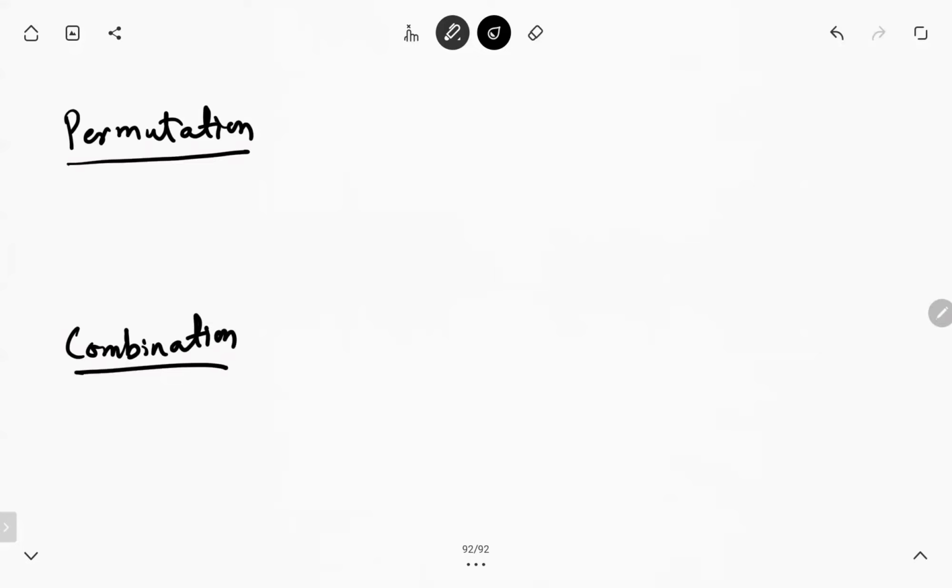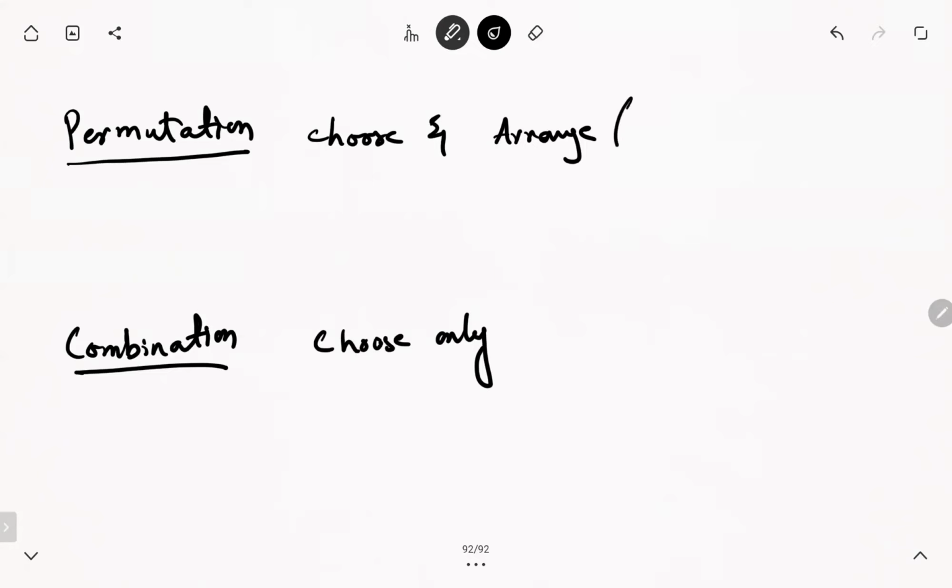when you want to choose and arrange, you will use permutation. And if you only want to choose, then you will be using combination. Definitely, you will choose and then arrange when your internal order is important.